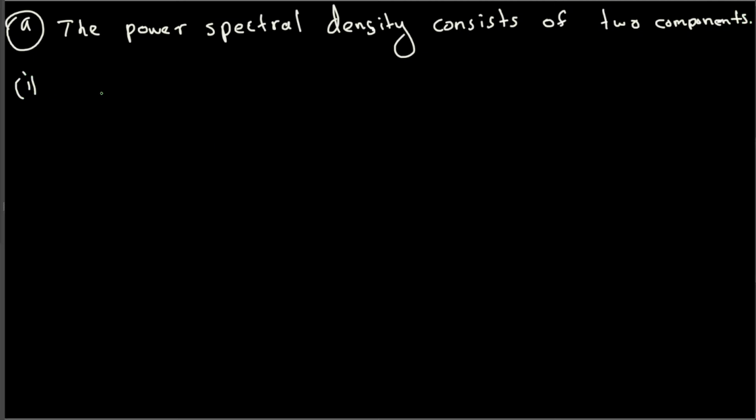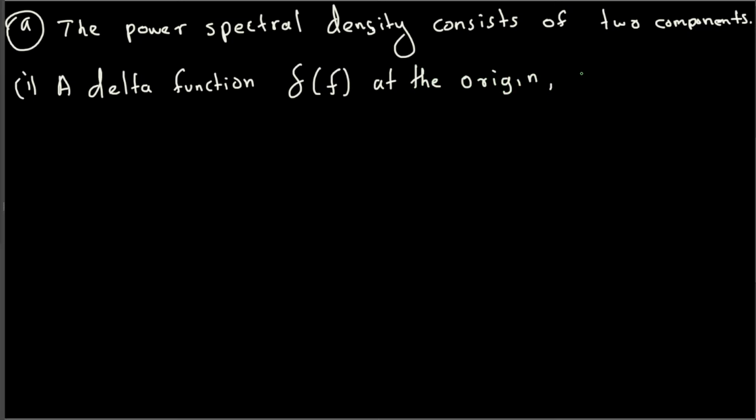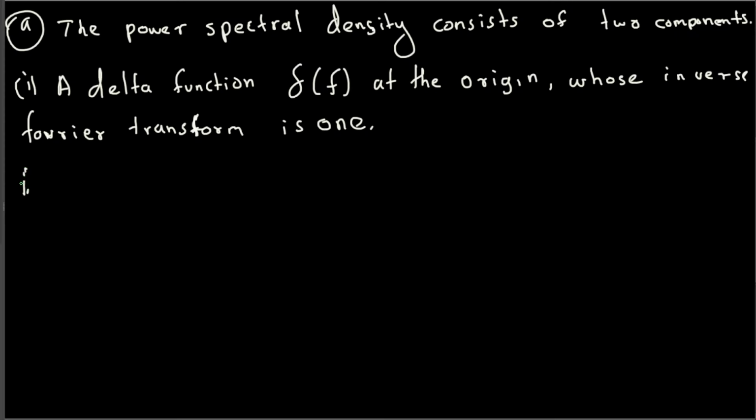One is a delta function at the origin, delta of f, here in the frequency domain, at the origin, whose inverse Fourier transform is 1.